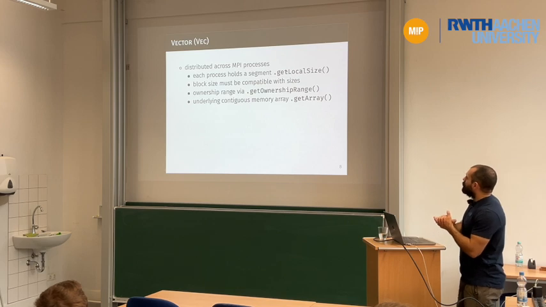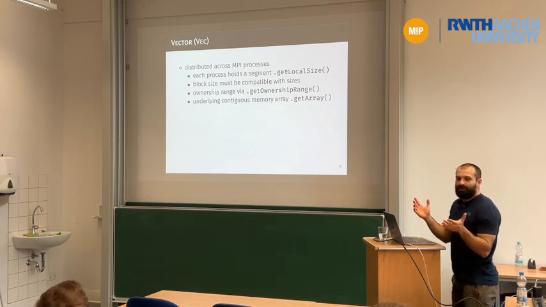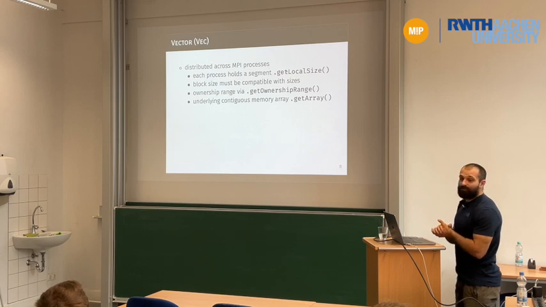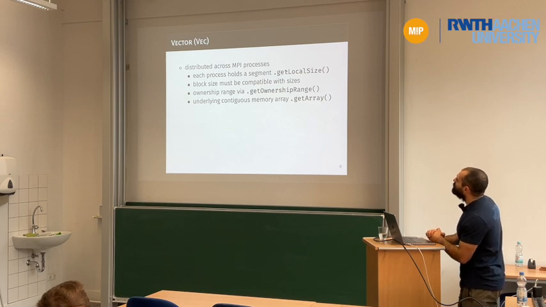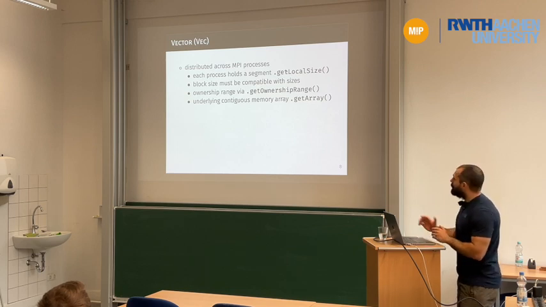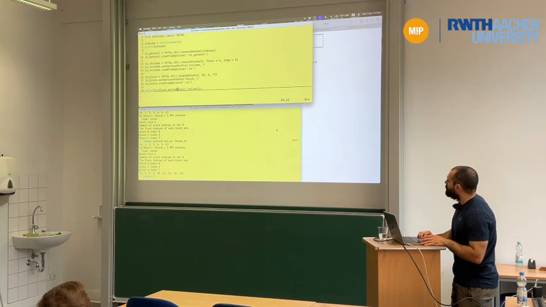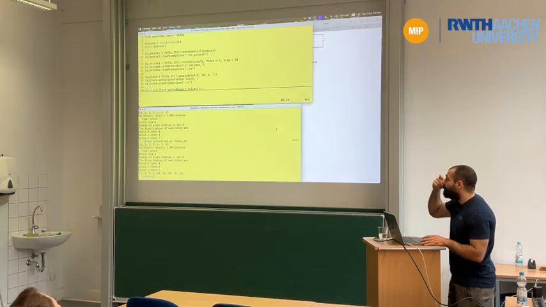Okay, so now we jump into vectors. So the class in PETSc is quite easy to remember. It's called Vec. And so in petsc4py, it will also be called Vec. And so in fact, now I will jump into distributed memory parallelism. So in the previous example, everything is run sequentially. Of course, it also runs in parallel.